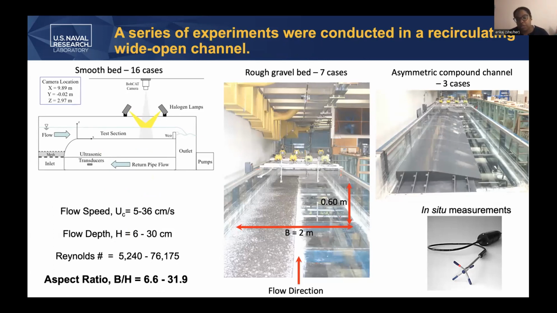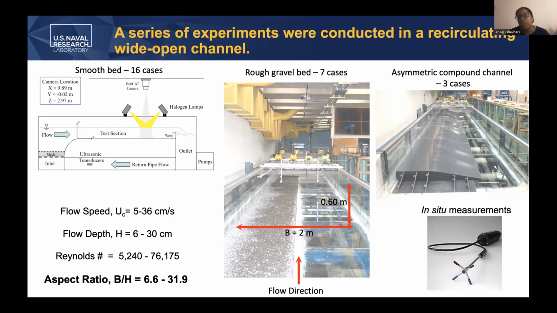This channel is located at DeFries Hydraulic Laboratory at Cornell University, where I did my PhD with Todd Cowan, who is going to be delivering the keynote in about an hour or so. In the laboratory setting, it's fairly easy to control the seed and the illumination conditions, making remote measurements of the turbulent velocity field relatively easy.